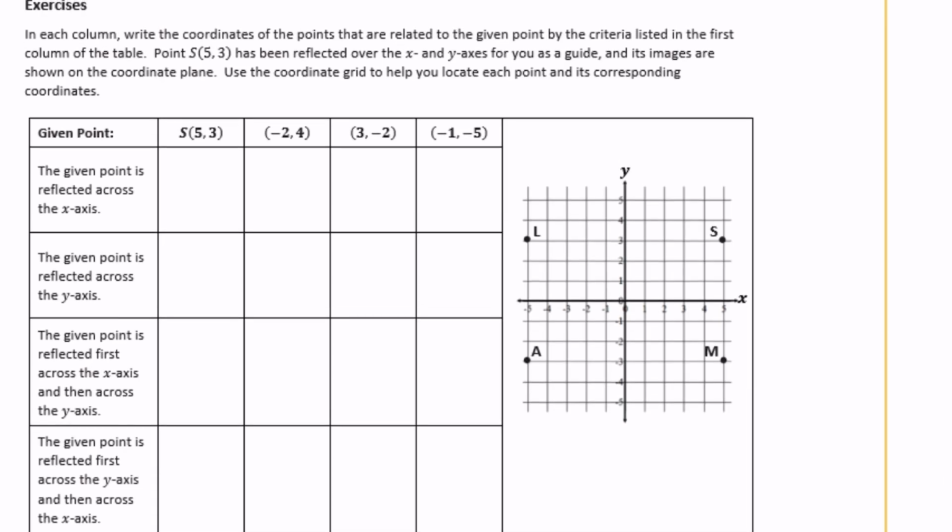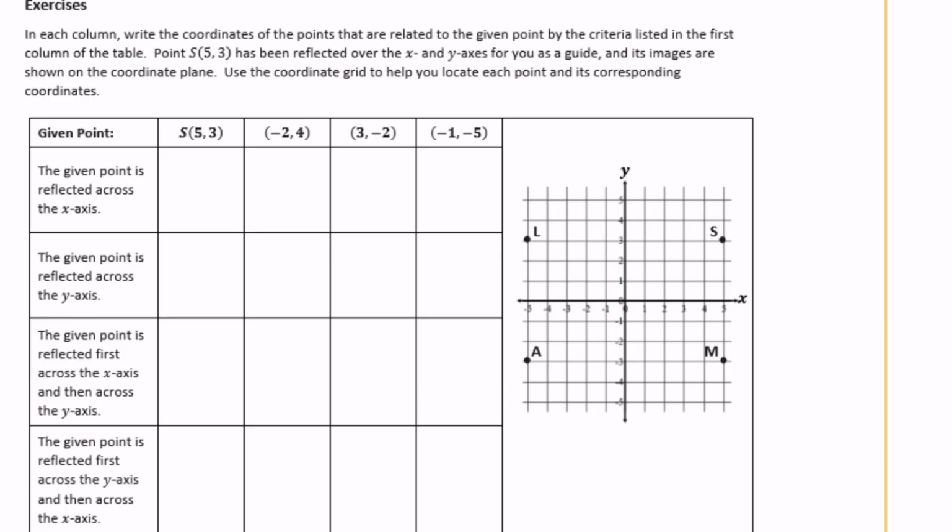Okay, in each column, write the coordinates of the points that are related to the given point by the criteria listed in the first column of the table. Point S, 5, 3, has been reflected over the x and y axes for you as a guide, and its images are shown in the coordinate plane. Use the coordinate grid to help you locate each point and its corresponding coordinates.